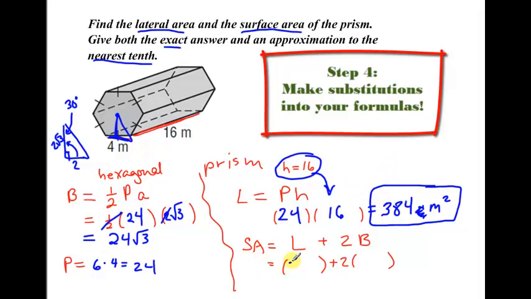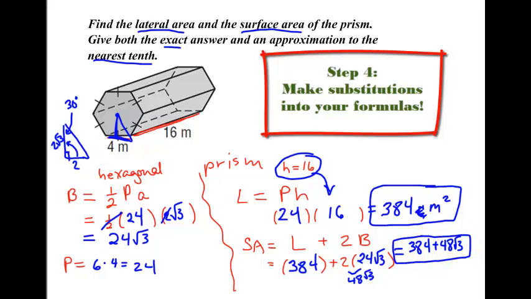Surface area, all the surfaces. Let's keep the walls. We got the walls of 384 and 2 base areas. Looking back, it looks like our base area was 24 radical 3. Stick it in there. So in the base area, we have 2 of those. So that would just be 48 radical 3. When you add 384 and 48 radical 3, the only way to keep it exact is to just keep those separate so we don't go into decimal. And they wanted the exact answer, so there's one of my answers.